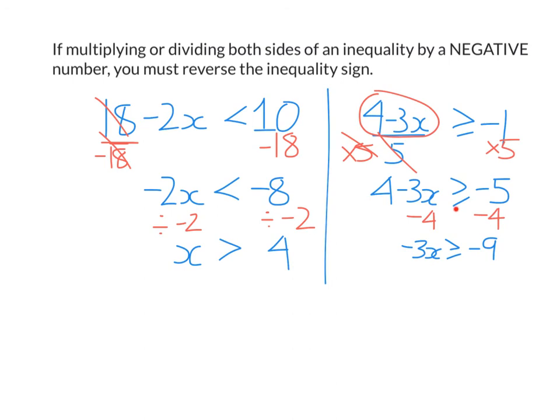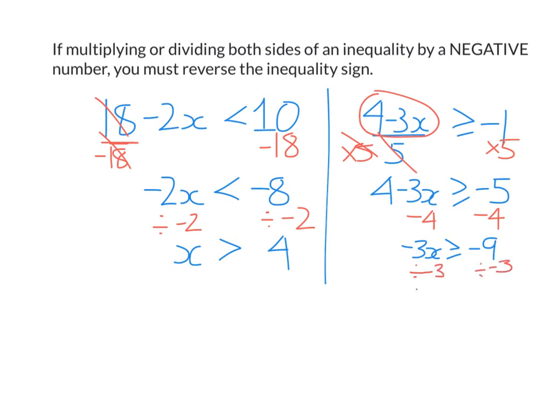Now I didn't switch the inequality here. Here I'm subtracting a number. You only switch the inequality when you're multiplying or dividing by a negative. The next step involves just that. Now I'm going to divide each side by negative 3.